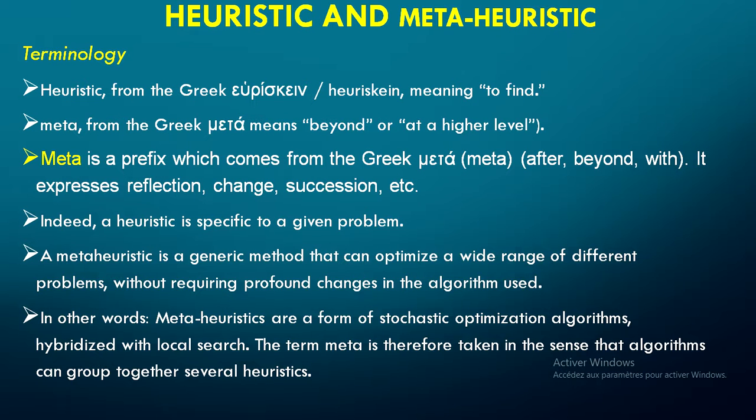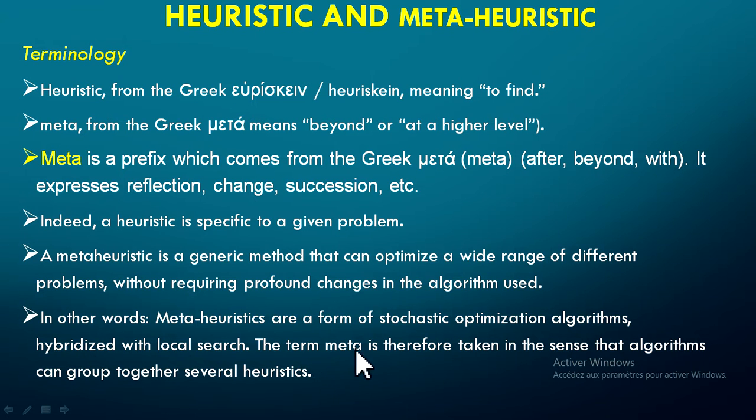Indeed, a heuristic is specific to a given problem. A meta-heuristic is a generic method that can optimize a wide range of different problems without requiring profound changes in the algorithm used. In other words, meta-heuristics are a form of stochastic optimization algorithm hybridized with local search.